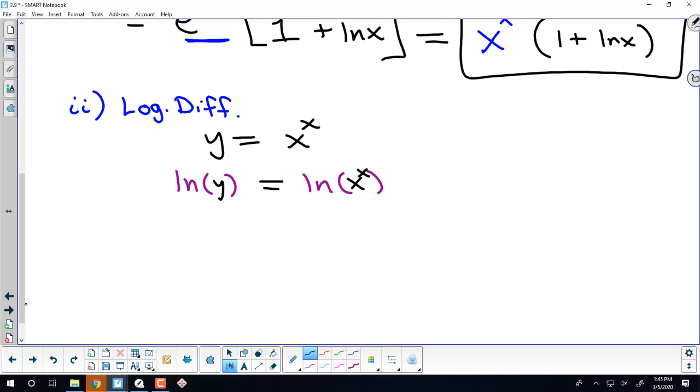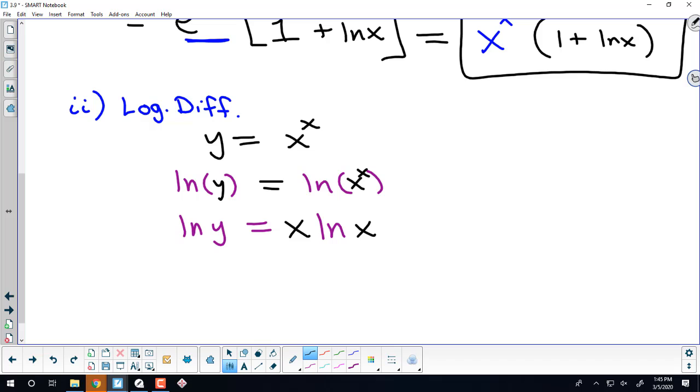Yeah, we've got the log of x raised to a power. The power can come out front and multiply. So we've got natural log of y equals x times the natural log of x. Okay, that's as far as we can simplify.